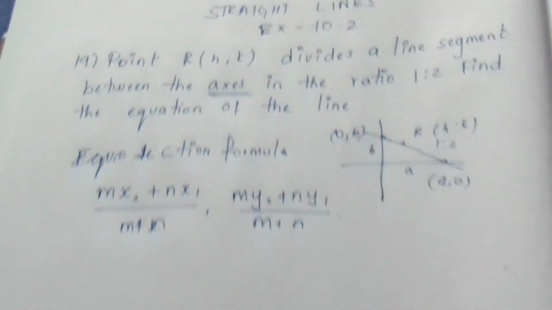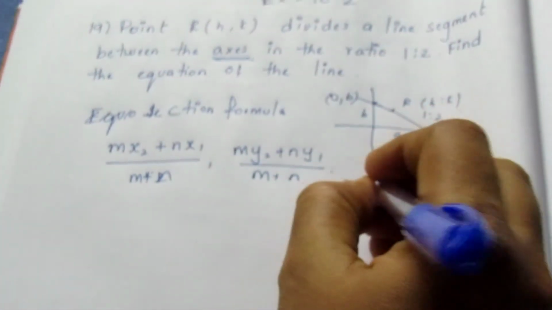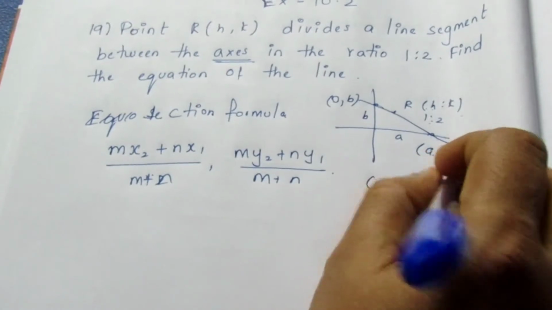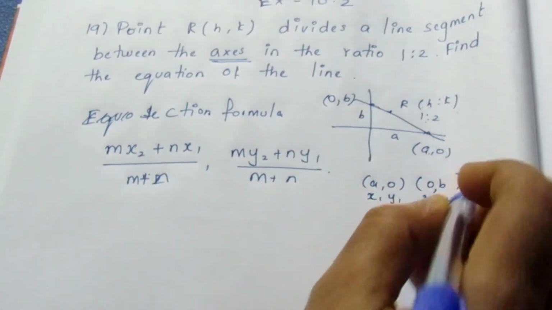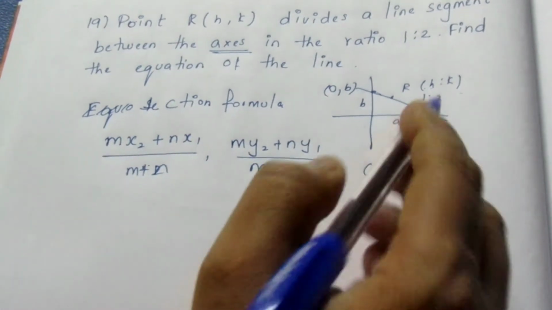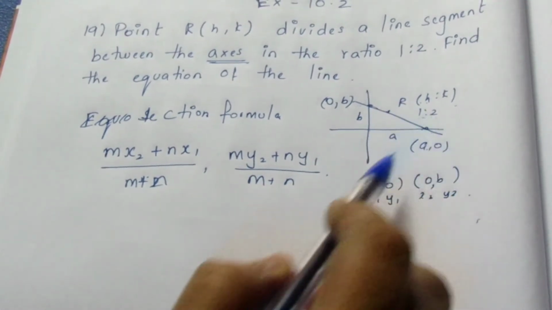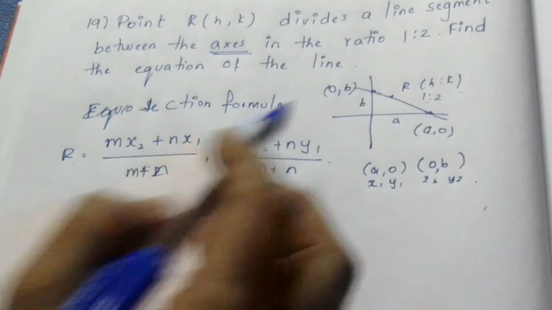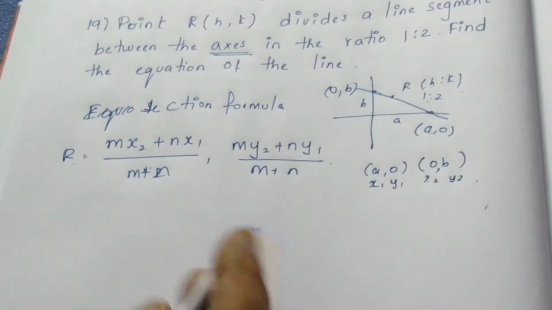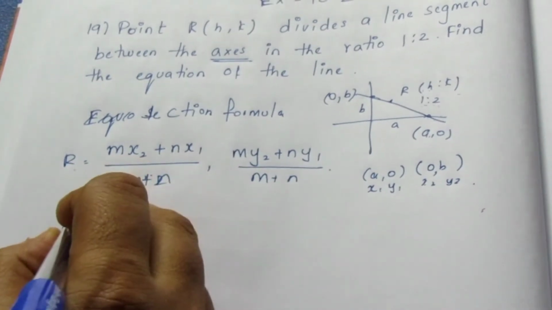So I am going to substitute the values, let me take A comma 0 and 0 comma B to be x1, y1, x2, y2. Now m and n are the ratios, and R is equal to this value. So for R we can substitute h comma k. Let us go with the sum.